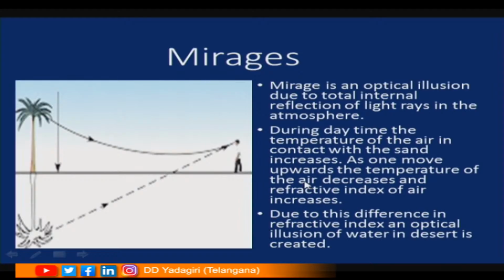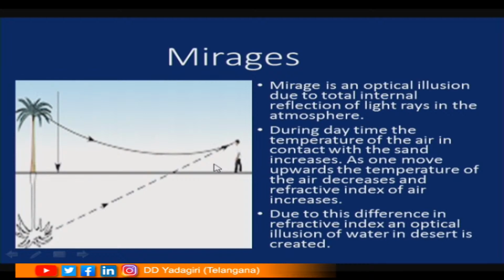During daytime, the temperature of the air in contact with the sand increases. We know that the land heats quickly. When sunlight falls on the land, it becomes heated. Once the land becomes heated, the air which is present on the land is also heated.